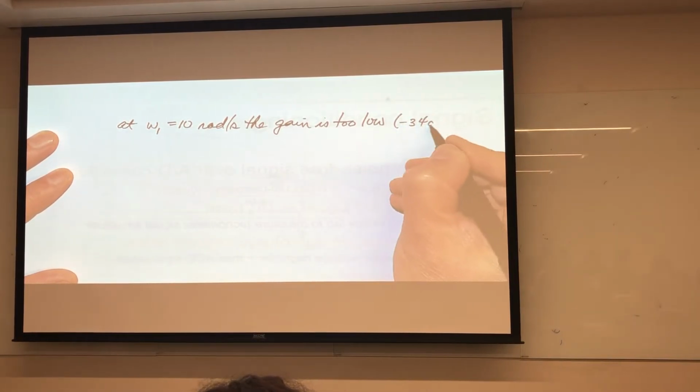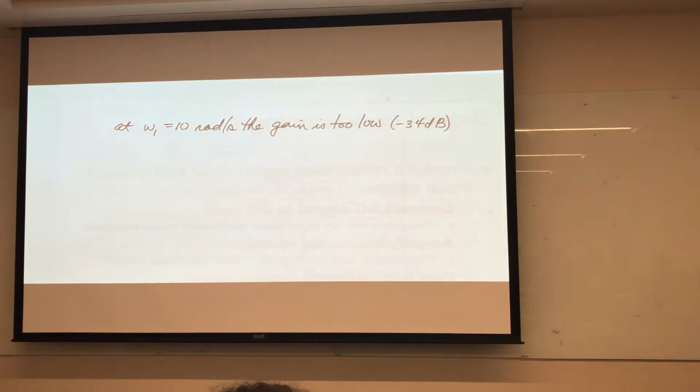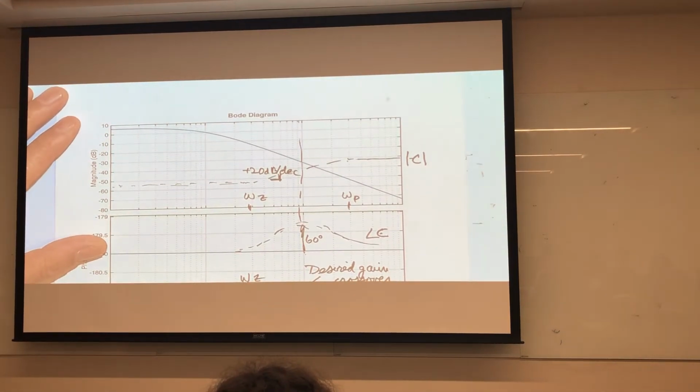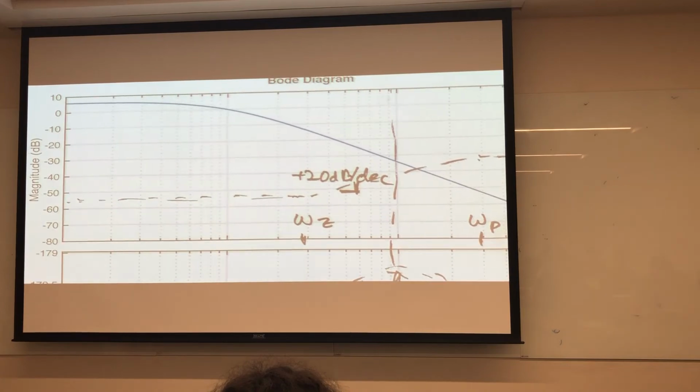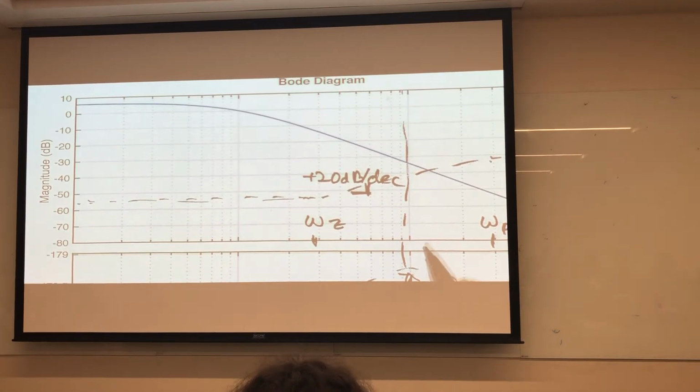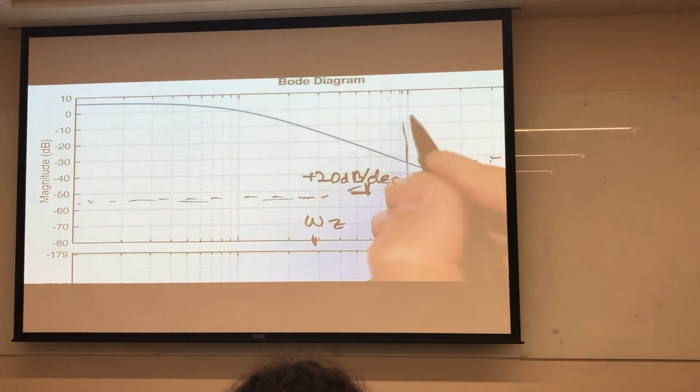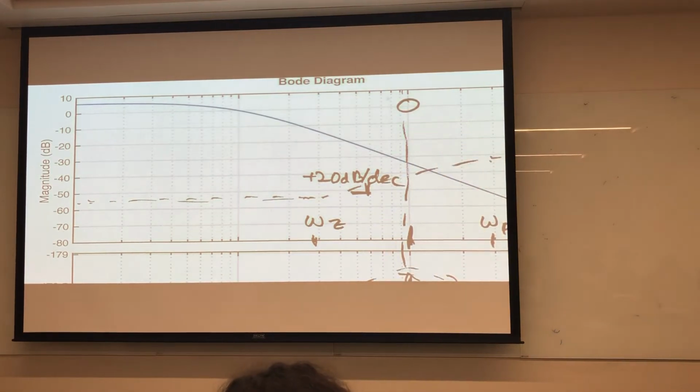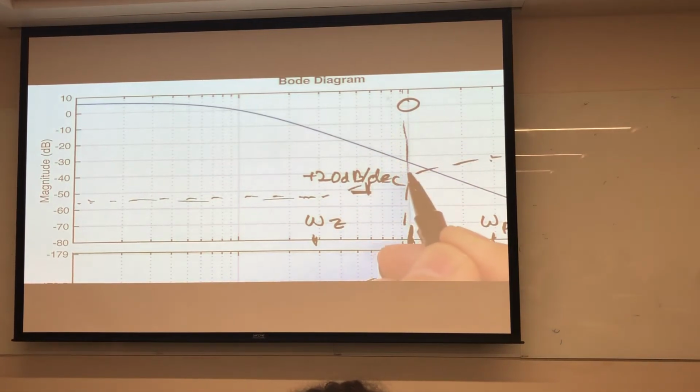Minus 34 dB. Okay, let's study that. Kind of zoom in there. We want the gain crossover to occur right here. But I'm not quite there yet.